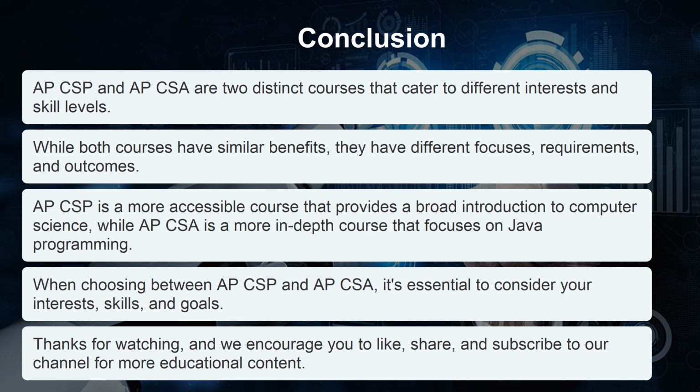When choosing between them, it's essential to consider your interests, skills, and goals. If you're new to programming, AP CSP might be the better choice. On the other hand, if you have prior programming experience, AP CSA might be the better choice. Ultimately, the choice depends on your individual circumstances, and it's essential to weigh the pros and cons of each course before making a decision.